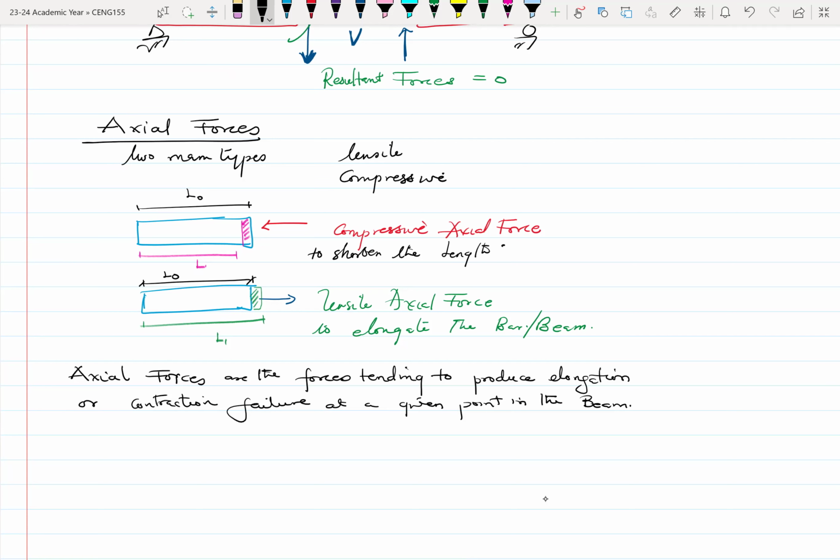Now let's look at the shear force. I think I have some 15 minutes.